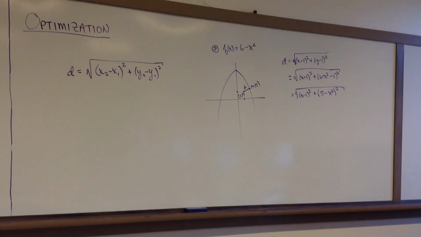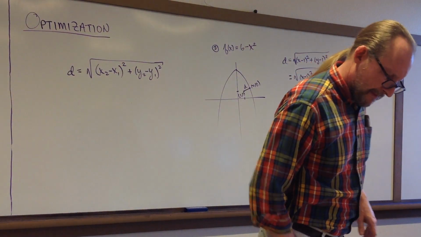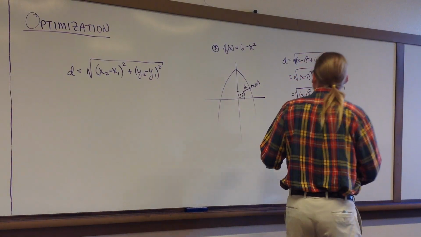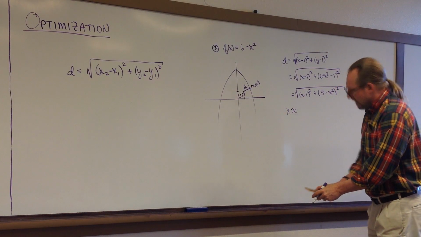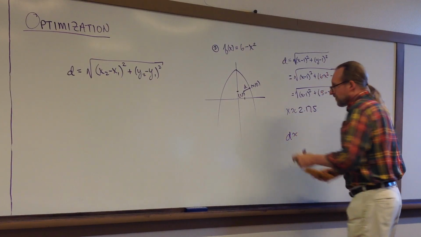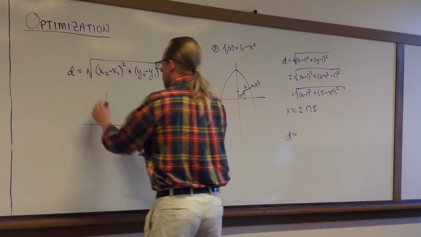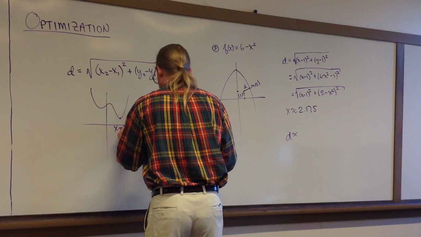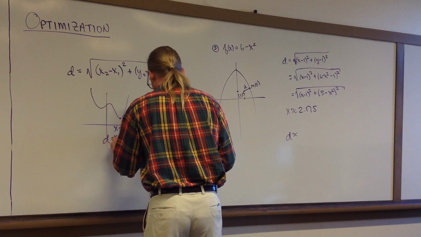So let's write down that information here. The x value is 2.175. And the distance, remember when you get y on this graph, x equals 2.175. Now it'll say y, but really that's d.